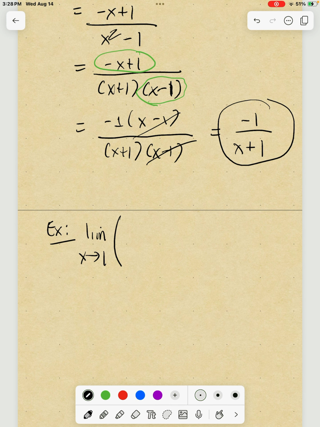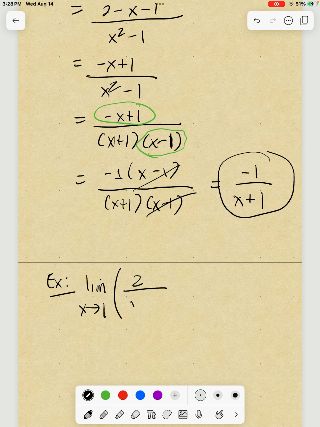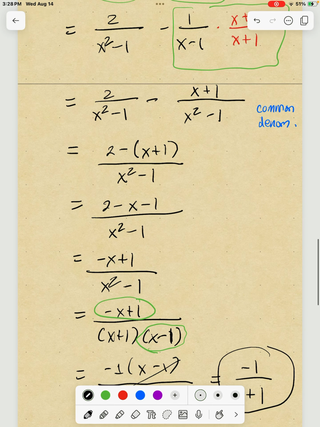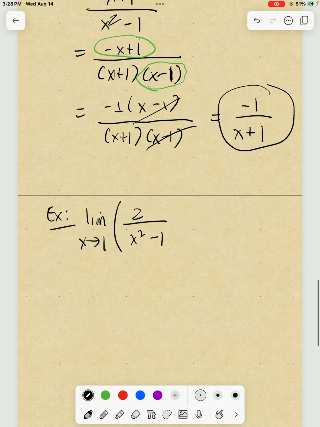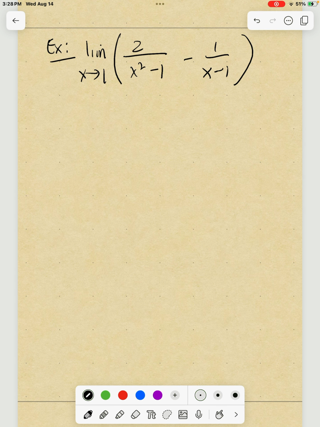But you might have something like the limit as x goes to 1 of 2 over x squared minus 1, and then, sorry, let me scroll back, minus 1 over x minus 1. So this is a typical example of a problem that you might see in a typical calculus class of a limit. Now the first inclination is to plug in the 1.